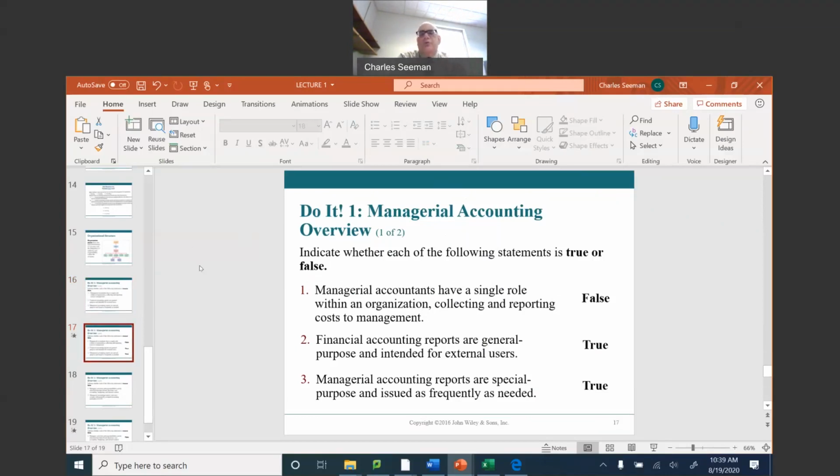Managerial accountants have a single role within an organization, collecting and reporting costs to management. This is false. Management accountants do have a single role within the organization, but it's not collecting and reporting cost to management.